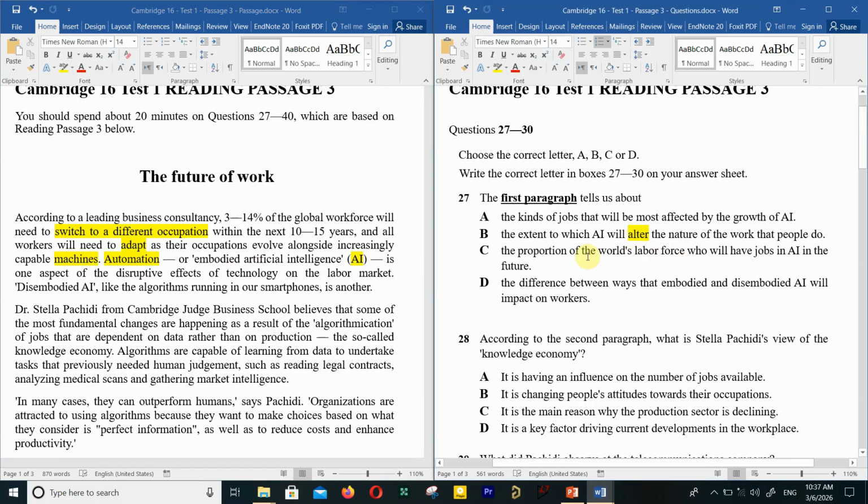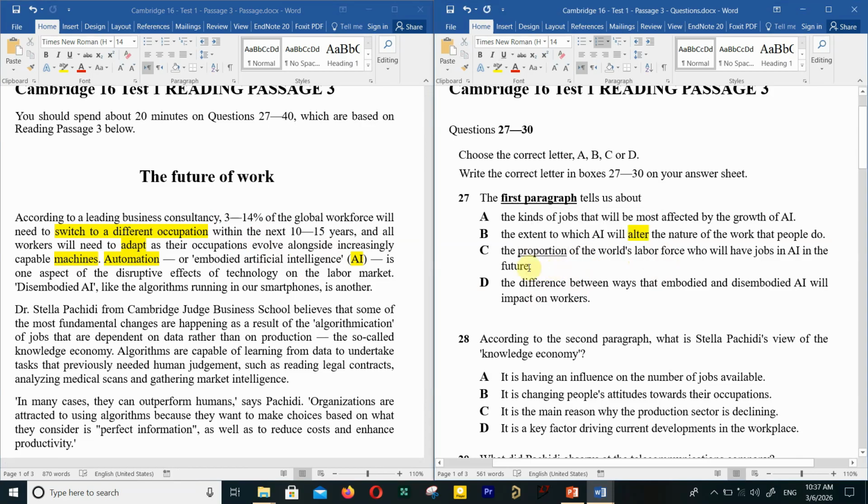Now let me go through the other options as well. The proportion of the world's labor force who will have jobs in AI in the future. It's talking about some proportions, but these proportions are not related to the world's labor force. So be careful, do not let this word proportion trick you.